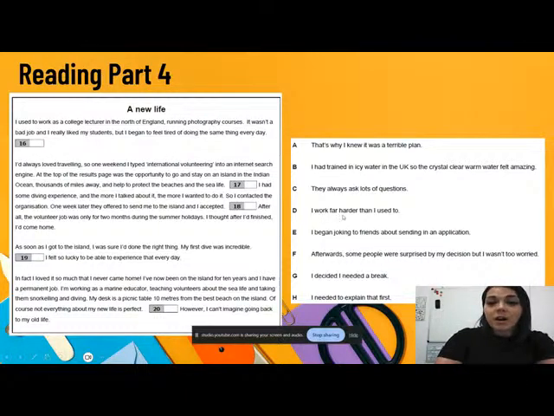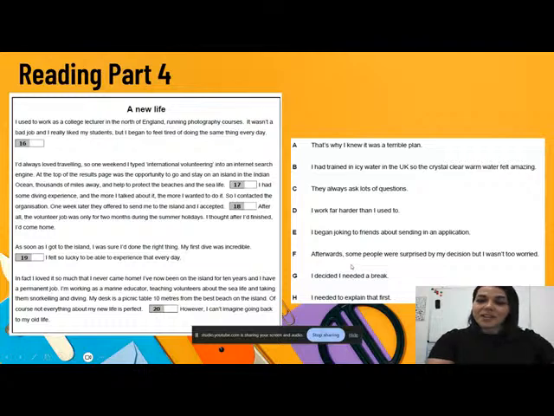I work far harder than I used to. Well, could be, that's an option. The reason I don't think it's correct, though, is because it's using the present simple. And here, in the rest of the paragraph, we are using the past simple. Option E, I began joking about sending an application. Here we have no mention of an application, so no thank you.